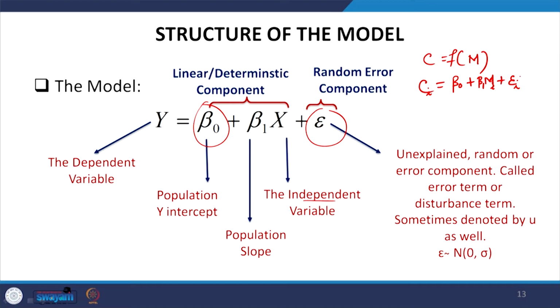Now, what I wanted to clarify in case of this function is this beta naught term. With the rise of m, the higher the income of the consumer, the higher the expenditure is expected. There exists a positive relationship. So, beta 1 is expected to be positive. The estimated value of beta 1 is going to be positive while understanding consumption expenditure with reference to money income.